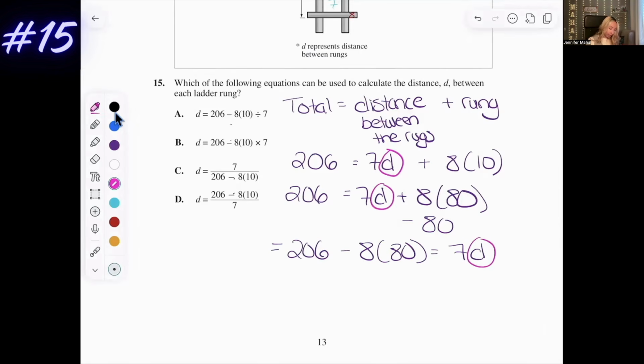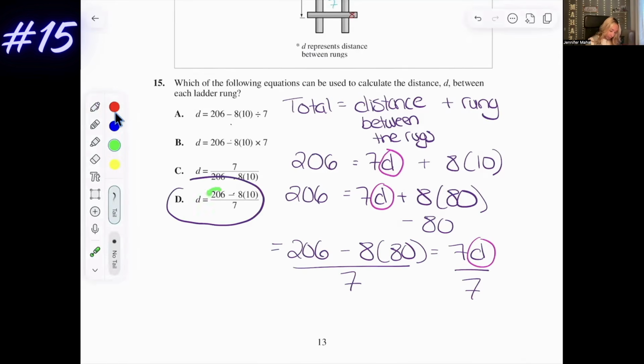Now it's being multiplied by 7, so I'm going to divide both sides by 7. And that looks like it's going to get me this option here. Let's double check. 206, take away 80. Yep. Divide by 7, and this makes sense because what I did here would cancel those out, leaving me with the distance between each rung left alone. All right, perfect. So that is the answer for number 15.